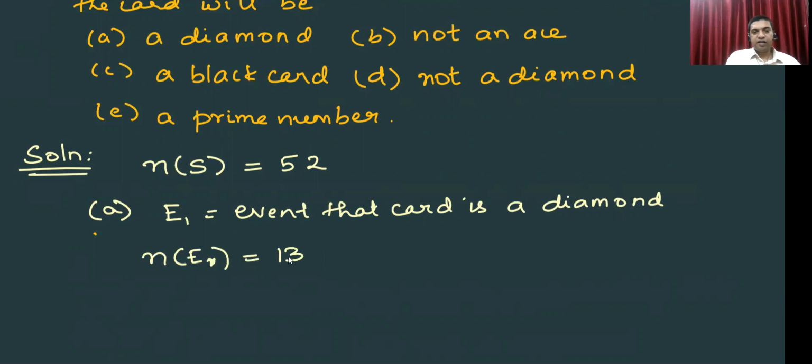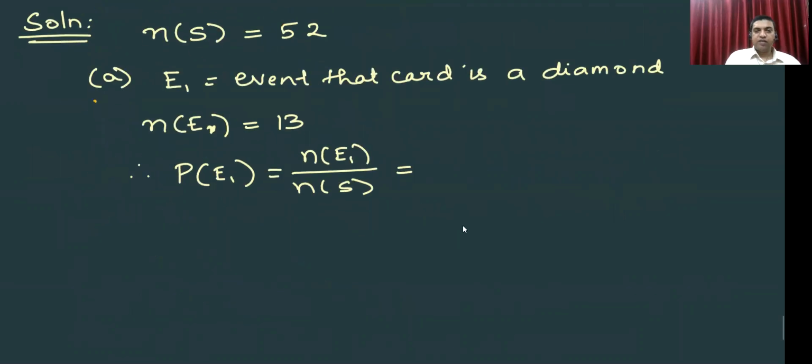There will be 13 cards of the diamond suit. Therefore, the probability of E1 is n of E1 by n of S, that is 13 upon 52, which is 1 upon 4. Clear? Yes, sir.